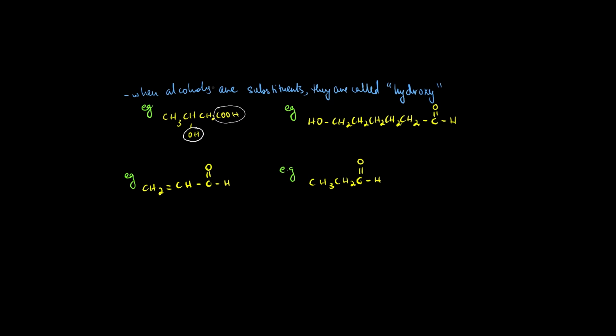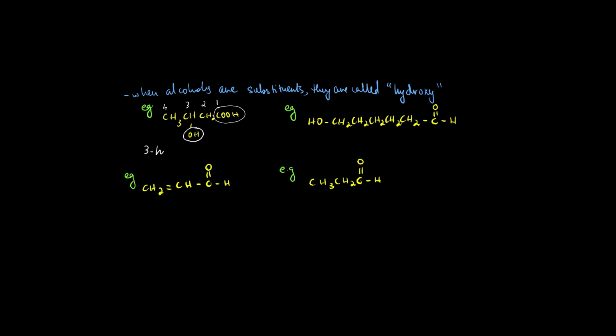So, let's see how many carbons are in this compound. 1, 2, 3, 4. Now the functional group that has precedence is the carboxylic acid functional group, which is why we are numbering from the right hand side so that the carboxylic acid functional group gets the smallest number. Remember that.